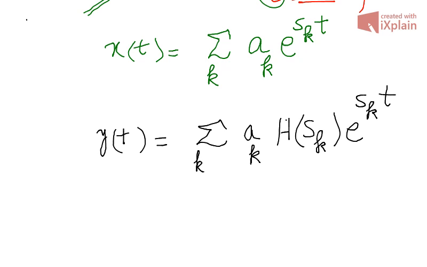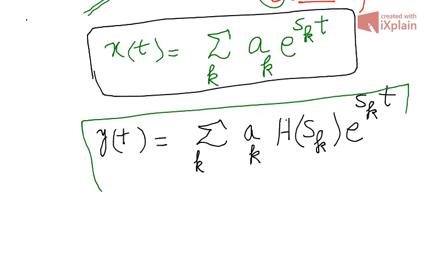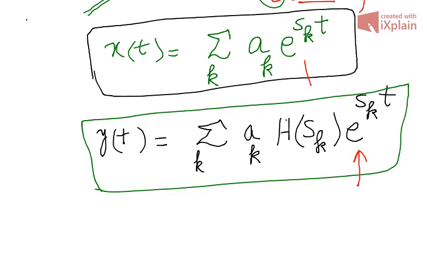So if the input is a summation of complex exponentials, the output of an LTI system is again the sum of those complex exponentials which appear in the input. The magnitude of each exponential is modified by a constant which depends on s k, for any k, and there is a coefficient a k here, which is a scaling factor.